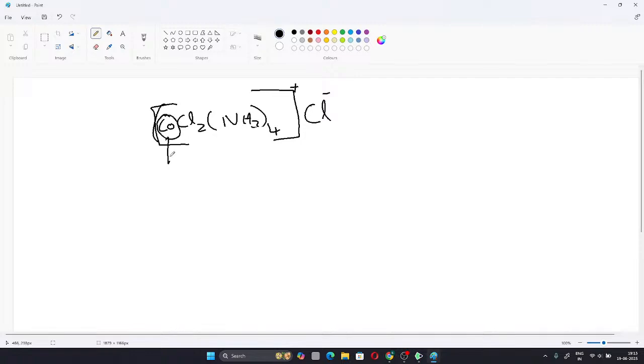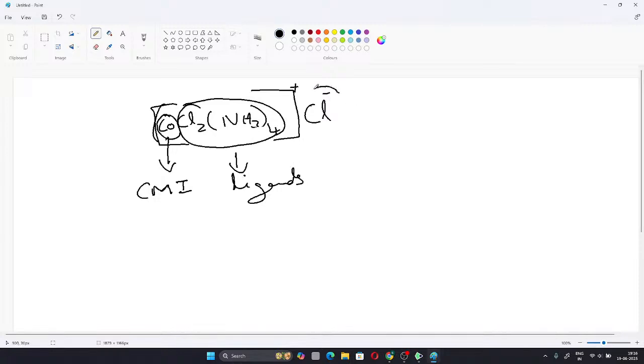This cobalt ion, a transition element, is the CMI, central metal ion. These both are different ligands. This outer atom, here it is a chloride ion, it can be either metals or non-metals. Here it is a chloride non-metal, which is what we call counter ions.